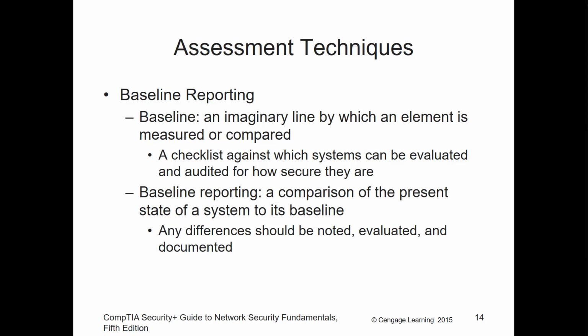That's also 0 Celsius. Again, that example just to show you it's an imaginary, made-up number that we can measure against. That's it. Part of being able to do a baseline is creating checklists against which the system can then be evaluated or audited against that baseline.